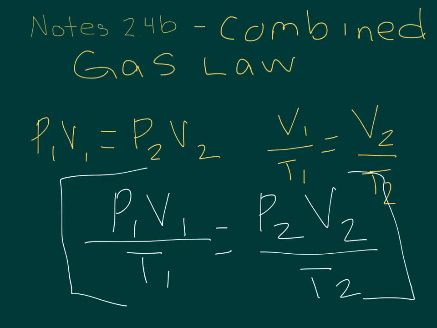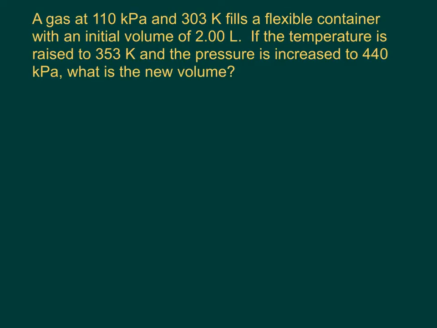Let's look at an example of how this works. Here we have a gas at 110 kilopascals and 303 Kelvin, filling a flexible container with an initial volume of 2 liters. If the temperature is raised to 353 Kelvin and the pressure is increased to 440 kilopascals, what is the new volume?